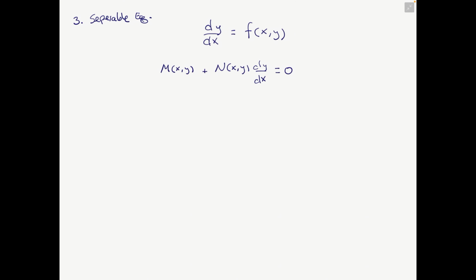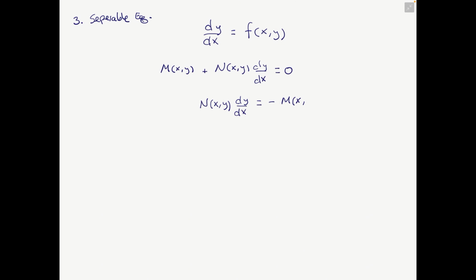And in this case, we're given m of x and y plus n of x and y times dy dx is equal to 0.